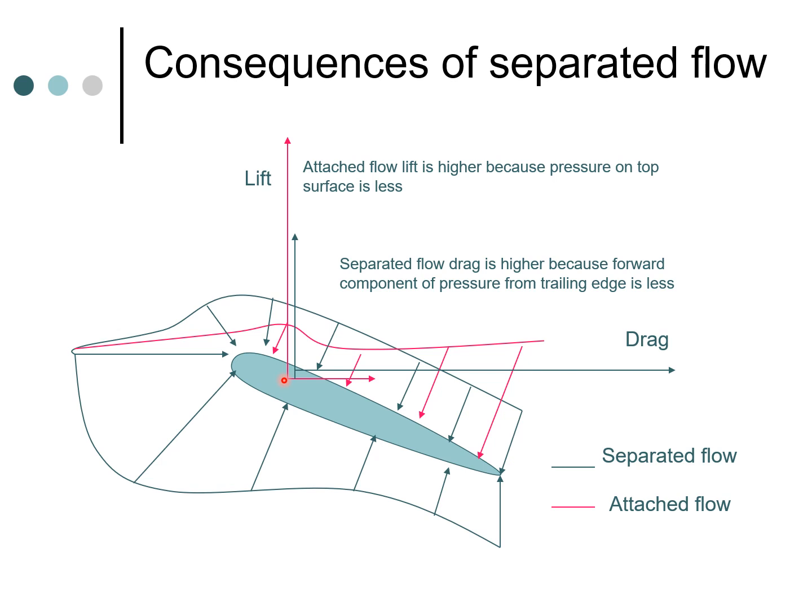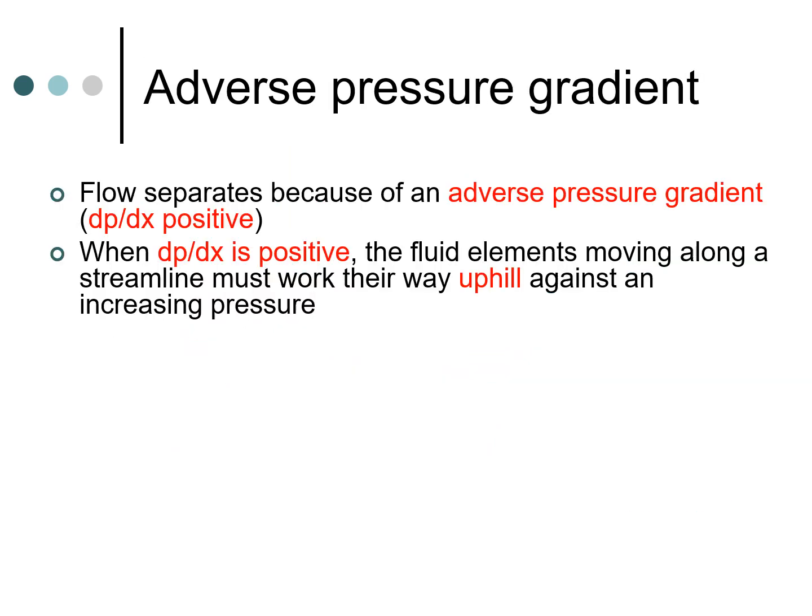So the attached flow situation is going to have less drag and more lift. Both of these are of course beneficial from the aerodynamic and practical point of view, but the separated flow is going to have lower lift and more drag. Again, both of these are things which you do not want in general.